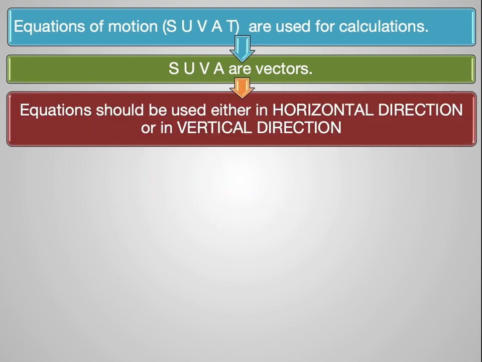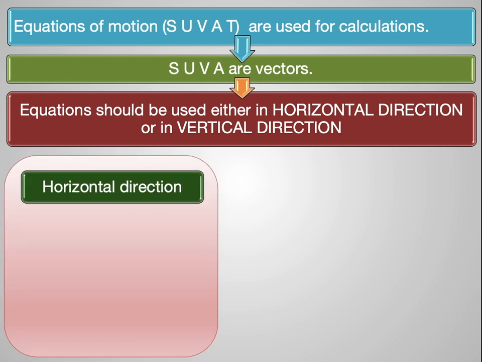The solution is we are going to split everything into either the horizontal direction or the vertical direction. So let's see how to use the equations in horizontal and vertical directions. For example, if you want to write an equation horizontally, like v equal to u plus at, you have to make sure all the quantities are horizontal. Or you have to take the component of all the quantities in the horizontal direction.